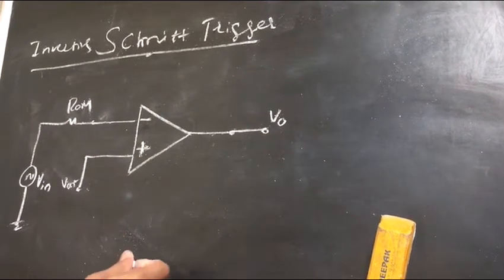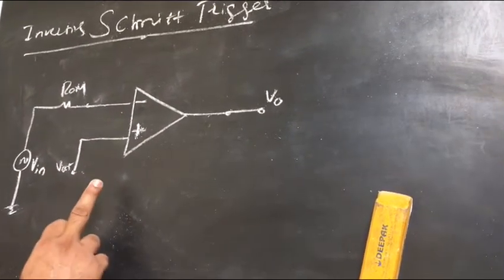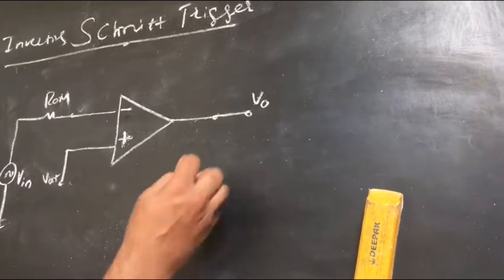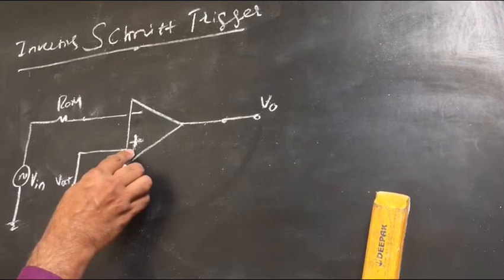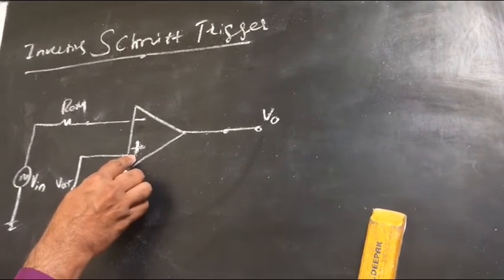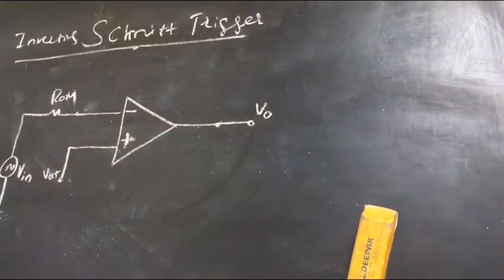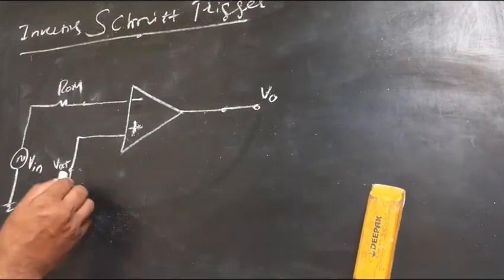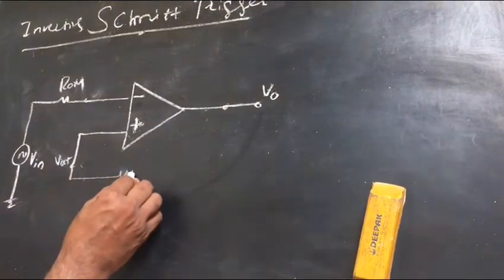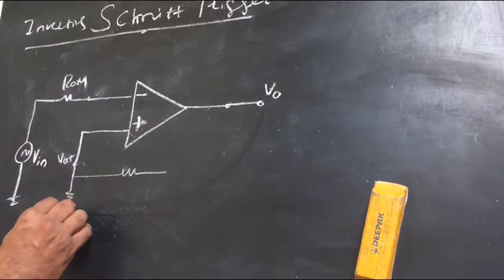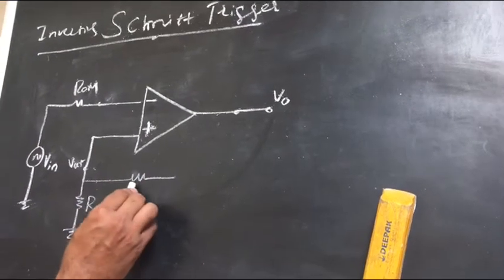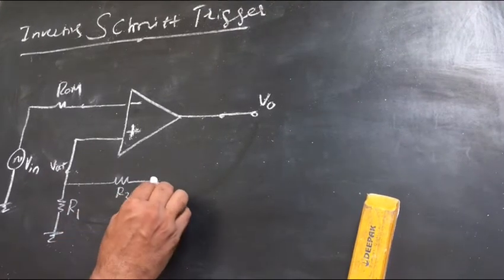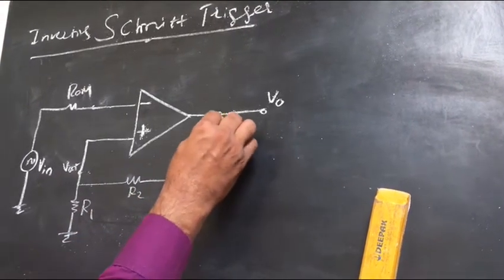Students, as I said, Schmitt trigger uses positive feedback. Meaning to say, part of the output is connected towards the positive terminal or non-inverting terminal to get positive feedback. To get positive feedback, we are going to take two resistors like this. Two resistors are R1 and R2, and they are connected to the output terminal.